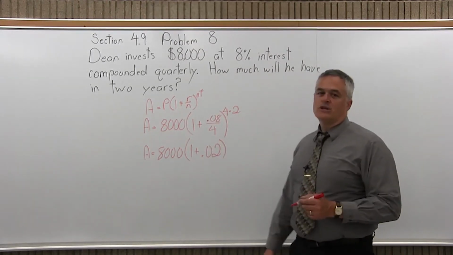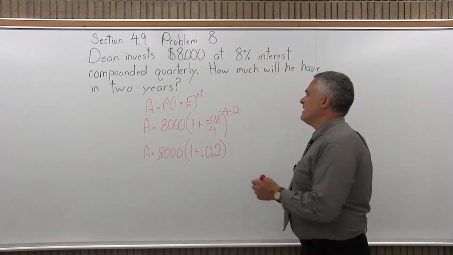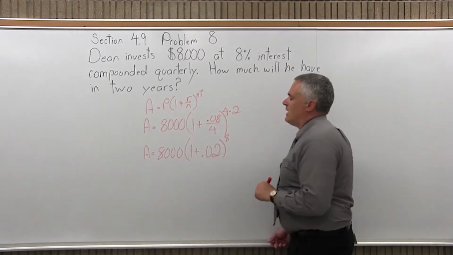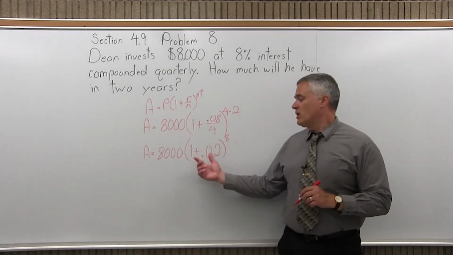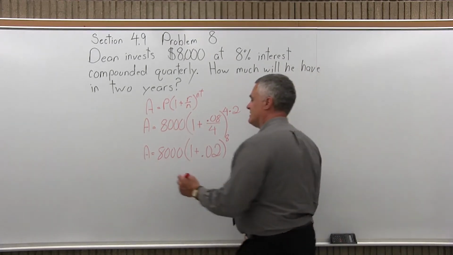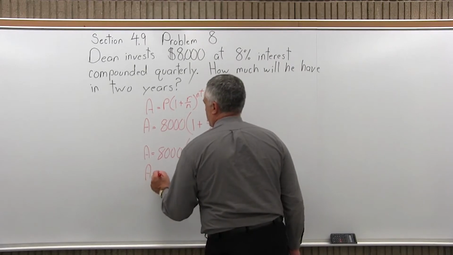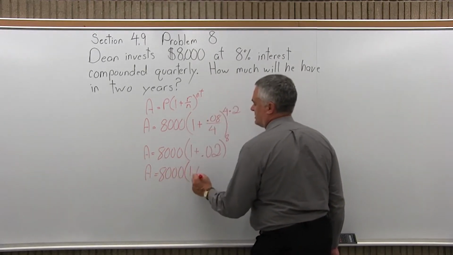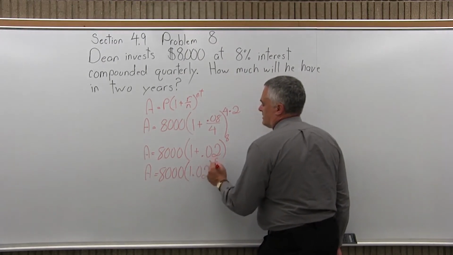These types of things you can do on a calculator, but I feel that's easy enough. The exponent I can do now: 4 times 2, that's 8. Now to finish the parentheses, 1 plus 0.02 is 1.02, and the exponent is 8.